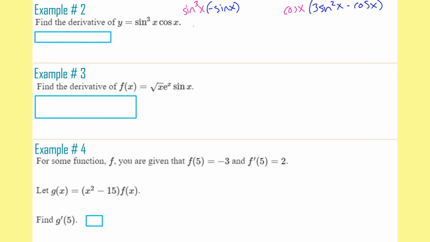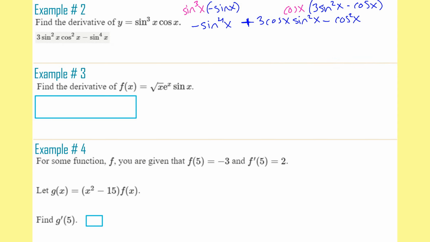So now we get negative sine to the 4th plus, let's see, we could multiply this out if we wanted to, 3 cosine x sine squared x minus cosine squared x. What did I do?